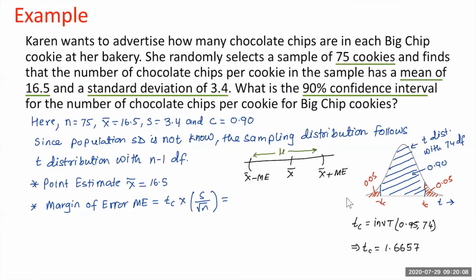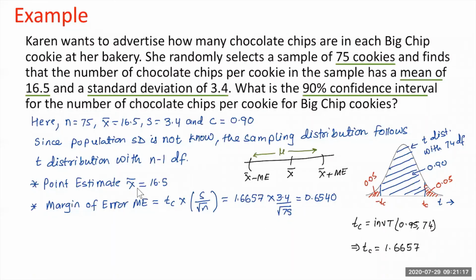So let's plug in the values. t sub c we got here is 1.6657, multiplied by s, the sample standard deviation, which is 3.4, divided by the square root of n. Our n is 75. Now we simplify this using the calculator, and after simplification you must get 0.6540.